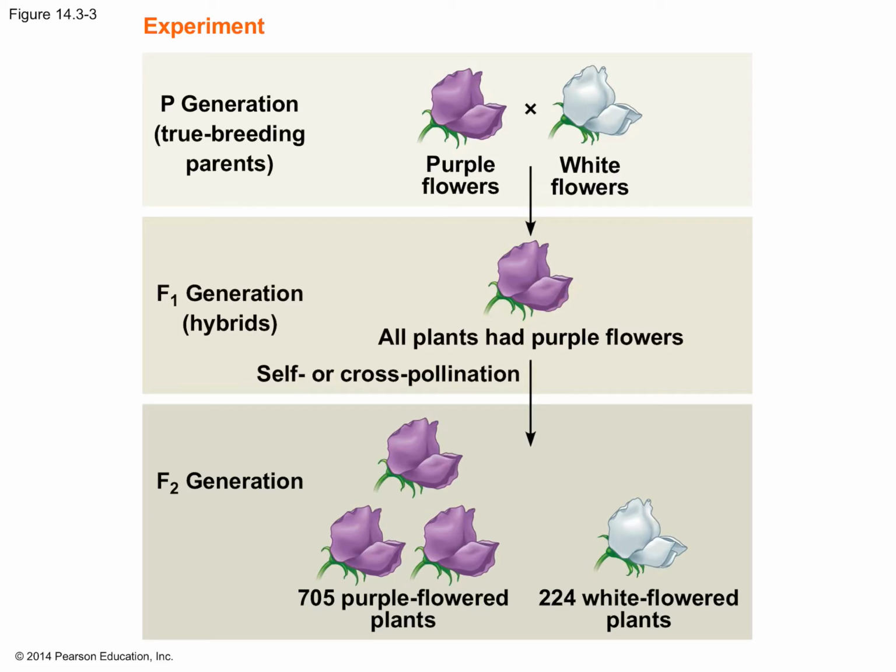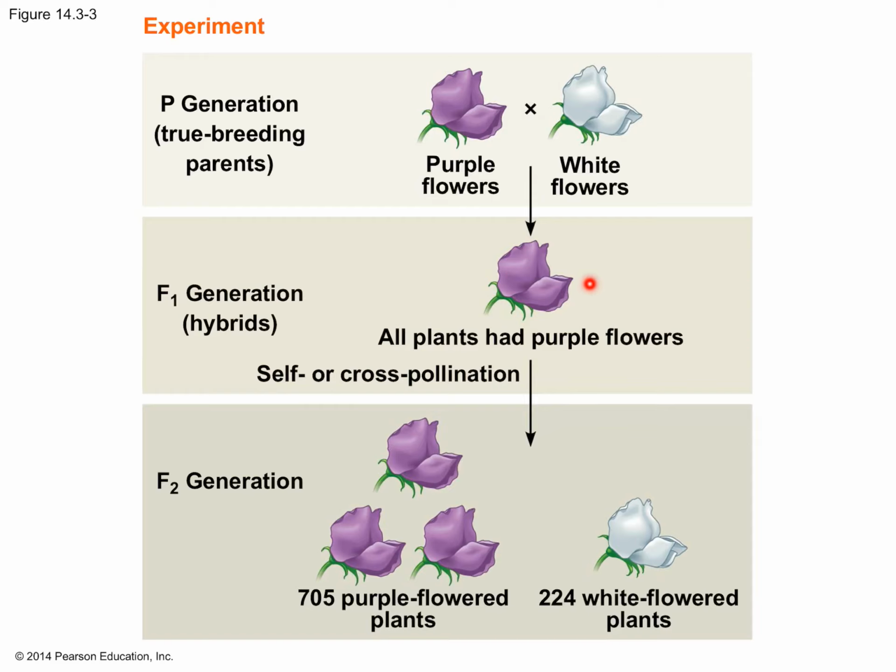Okay, so with this result, Mendel reasoned that only the purple flower factor, as he called it, today we would call it a gene, only the purple flowered factor was affecting flower color in the F1 hybrids. Mendel called the purple flower color a dominant trait and the white flower color a recessive, because in the F1s, white didn't show up. Purple did.